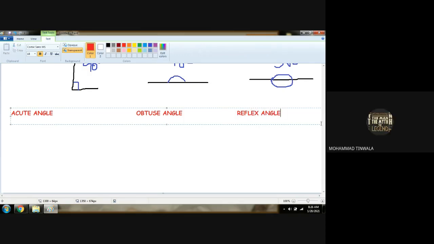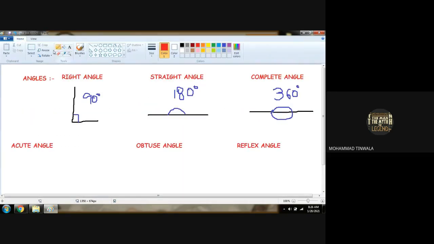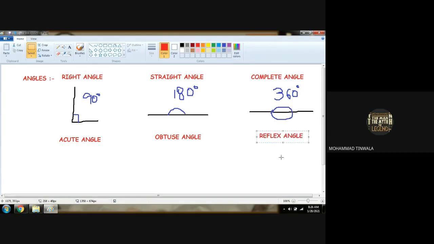Did you understand what to do or not? Who gave me this answer? Zaki. Mohammad Zaki Wakil. Very good, bachcha. You are absolutely right. Chalo, acute angle, obtuse angle, and reflex angle. Am I correct?